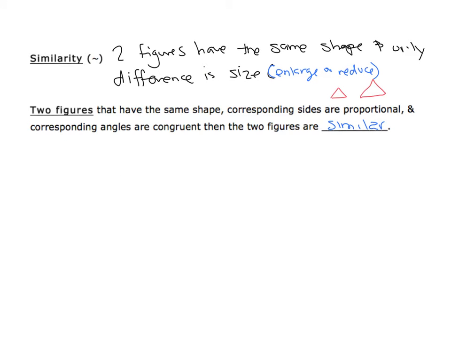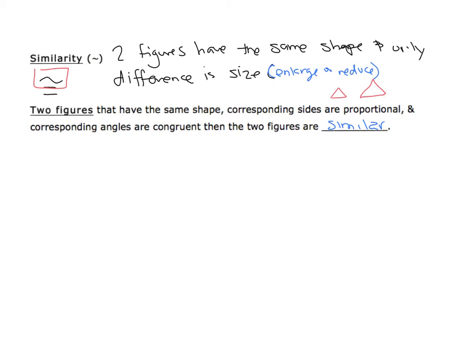All right, another vocabulary word, similarity. Notice this is the symbol for similarity. It's just the squiggle. If you remember the congruent symbol, just the squiggle part is similarity. So similarity is when you have two figures that have the same shape and their only difference is their size. So basically enlarge or reduce.